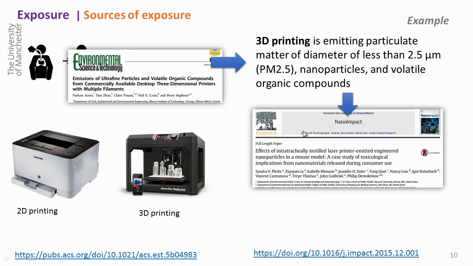And this has been studied. In this one, it is a mouse model looking at consumer use, and they look at the effect on the trachea, where particles go through inhalation.